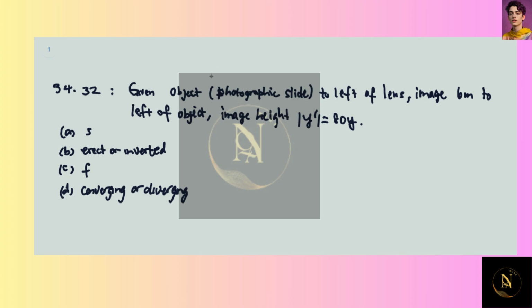So given that the object is to the left of the lens, this part of the statement implies that S is greater than 0. So the object distance itself is positive because it's on the incoming side of the lens. And from this statement, the image is 6 meters to the right of the object.